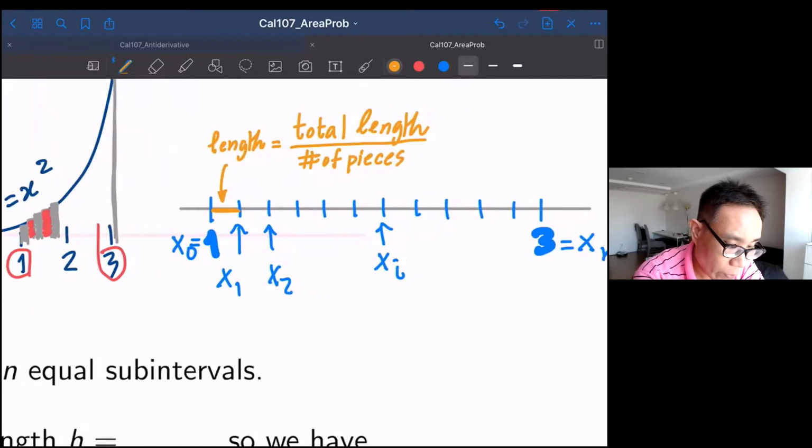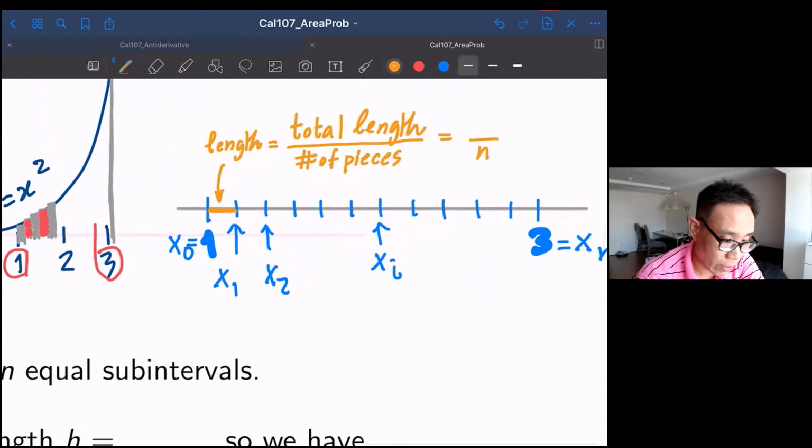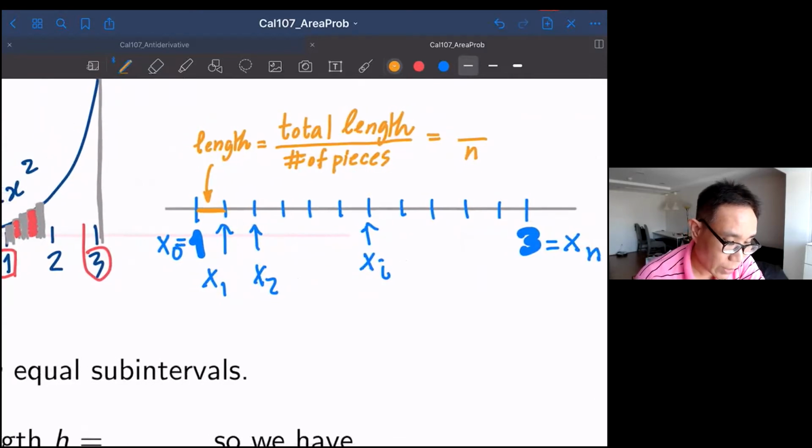And the number of pieces in this case is equal to n pieces. Okay, so the number of pieces in this case turned out to be n pieces, and the total length will turn out to be just 3 minus 1. So you have 3 minus 1. Okay, how would I know that it's going to be 3 minus 1?